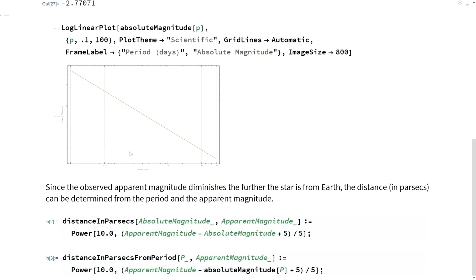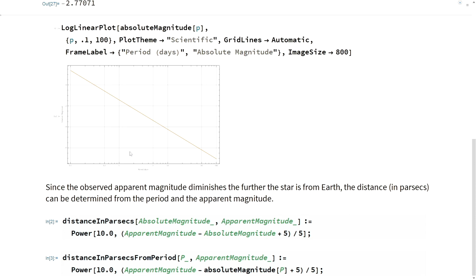You subtract the magnitudes, add 5, divide the sum by 5, and raise that to base 10 power, and that will give you the distance in parsecs. So we can combine the two formulas and get a relationship which will give you the distance in parsecs from Earth to the Cepheid based on its apparent magnitude observed from Earth and its period in days.